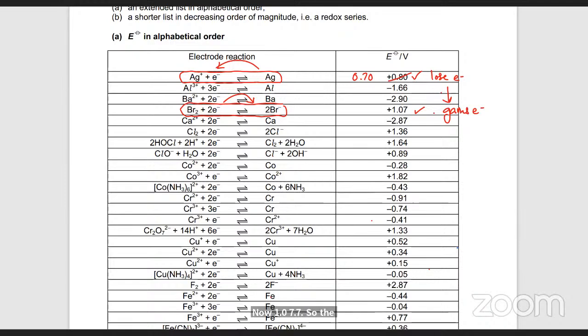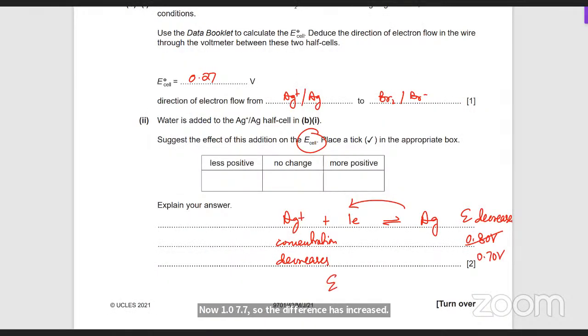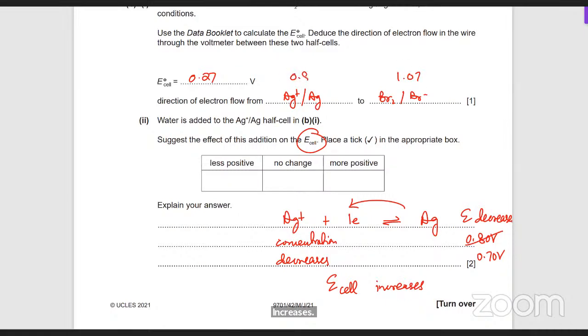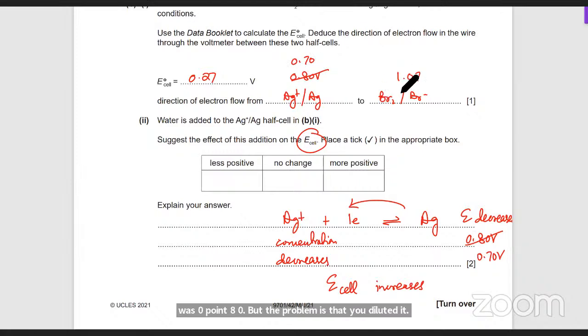Okay? So E cell actually increases, because one electrode was 1.07 and the other was 0.80. But you diluted it, so its potential decreased, but the difference is now actually higher. E cell is actually higher now.